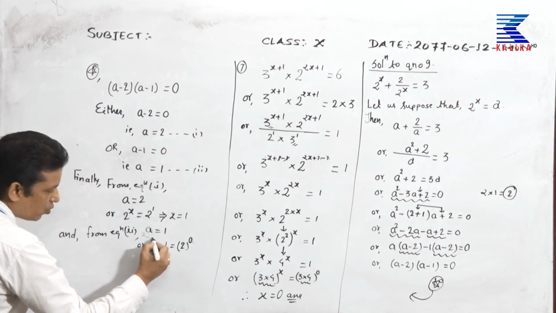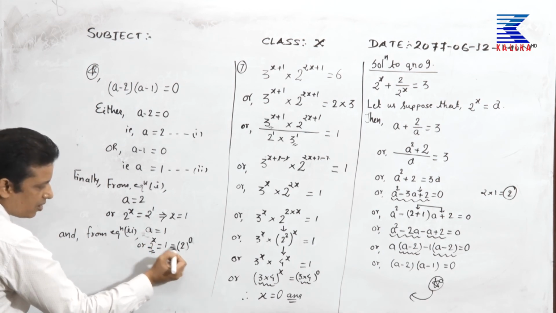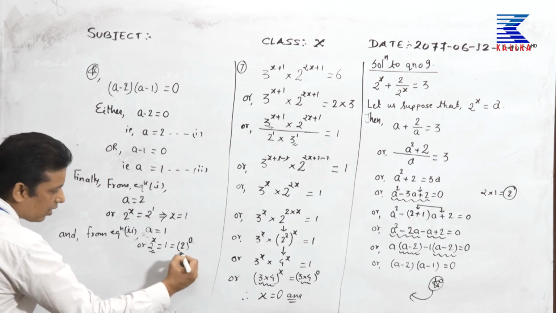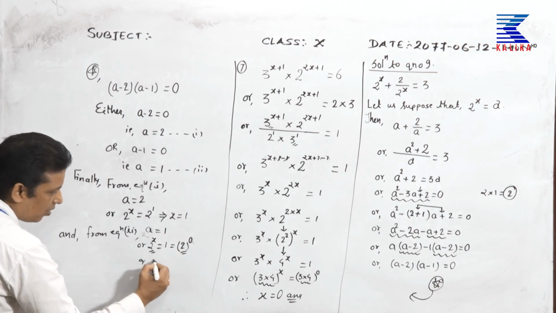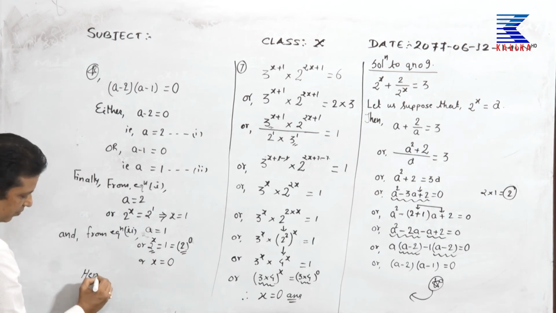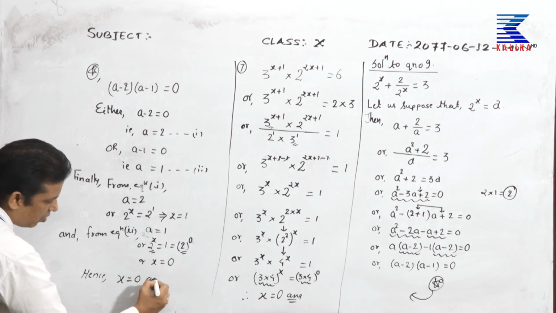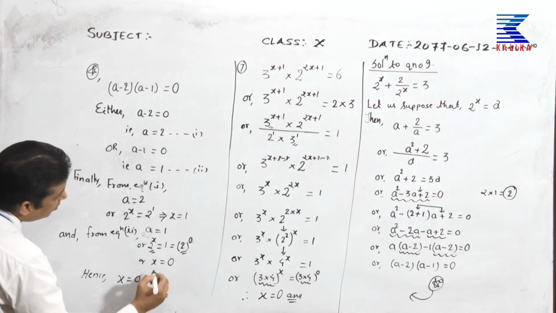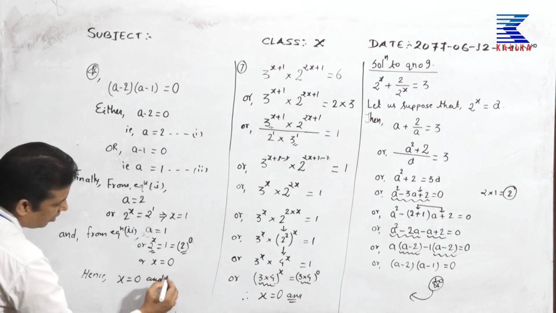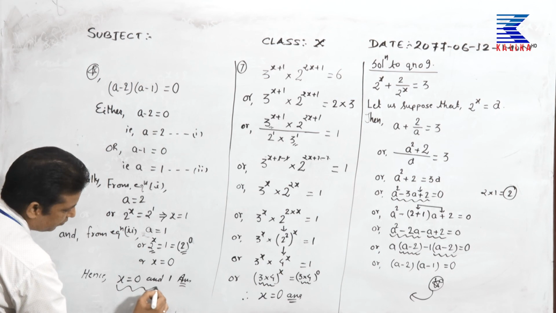Value of a is 2 to the power x. 2 to the power x is equal to 1. 1 means 2 to the power 0. Now, both bases are same, so x is equal to 0. Hence, x is equal to 0 and what we got first, 1. These two are the answer.